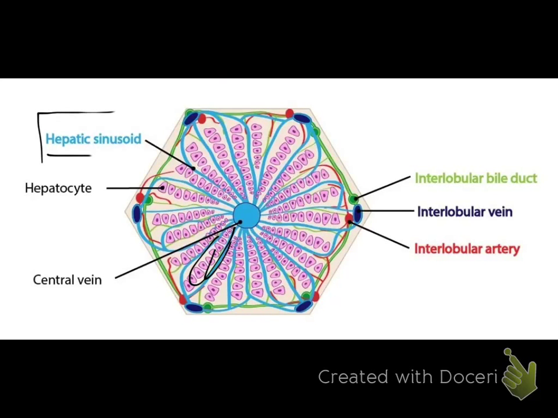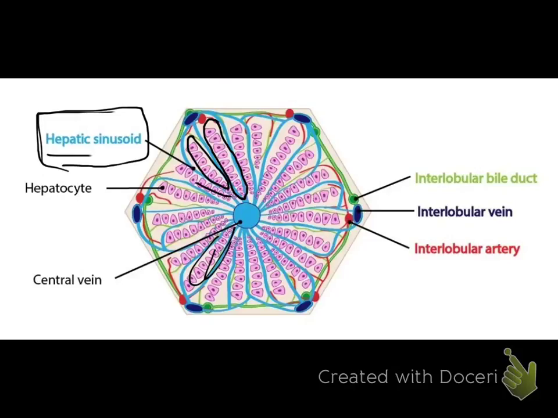This hepatic lobule consists of many hepatocytes or liver cells, as we can see here. And these hepatocytes are separated by what we call hepatic sinusoids.